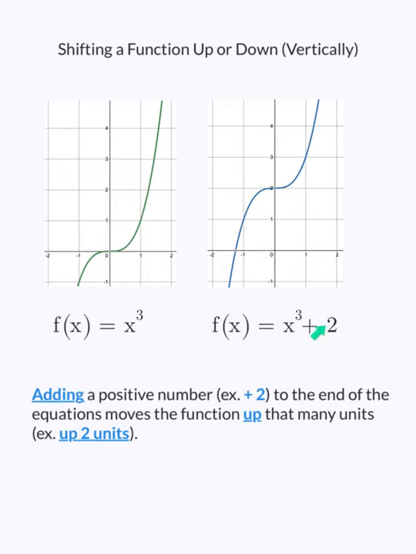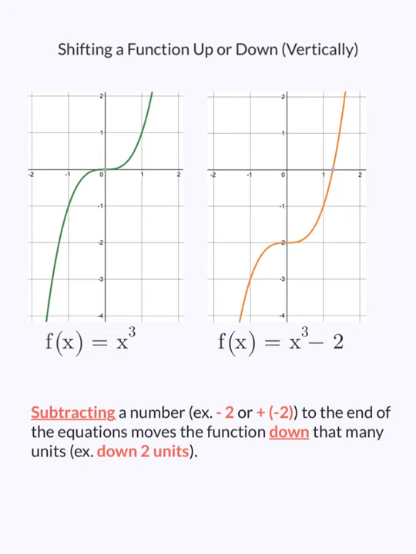It's going to shift it up however many this number is. That's what it says on the bottom. If you add a positive number to the end of the equation, as long as you stick with the commutative property rules, adding a number makes it shift up. If adding makes it shift up, then it makes sense that subtracting would make it shift down.